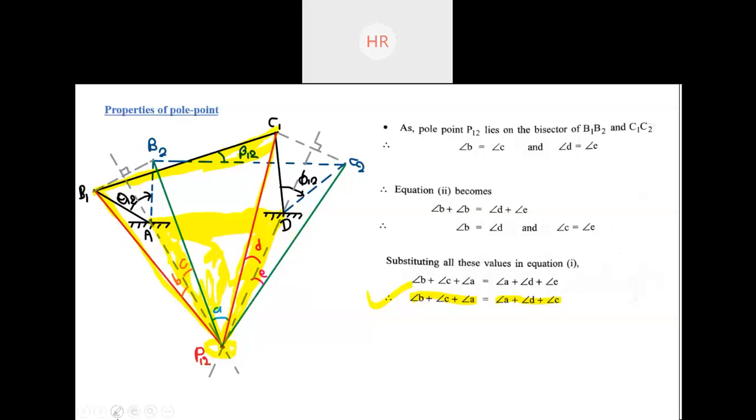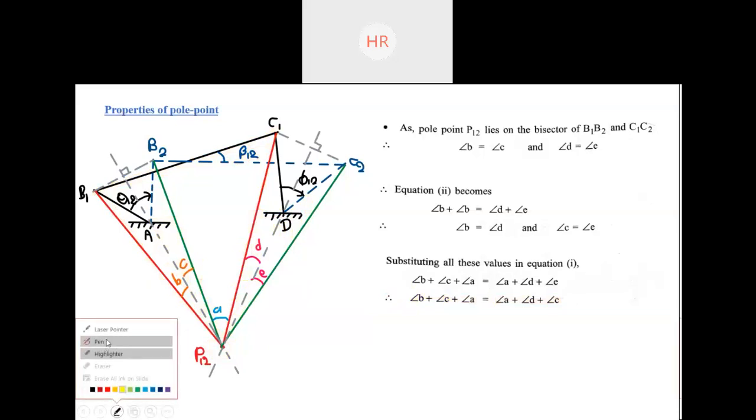And one more thing to note, this perpendicular bisector is actually passing at an angle phi 12 by 2, and you can say theta 12 by 2 from the first position, or you can say initial position. Or opposite to that, the second position will be at an angle theta 12 by 2 and angle phi 12 by 2 from the perpendicular bisector.